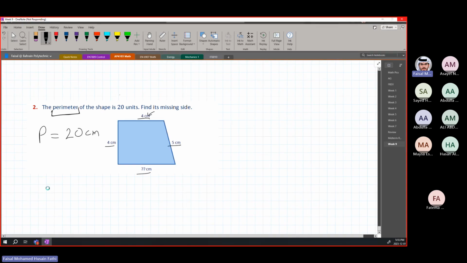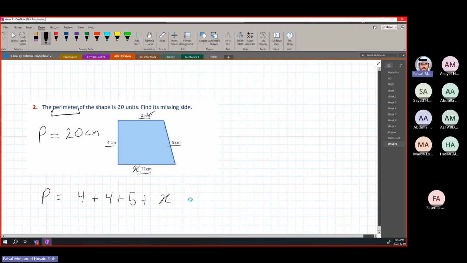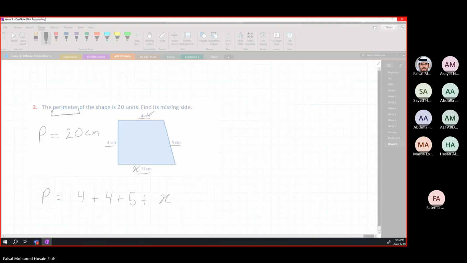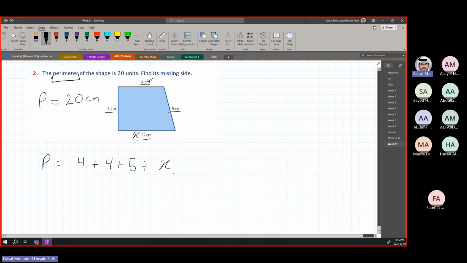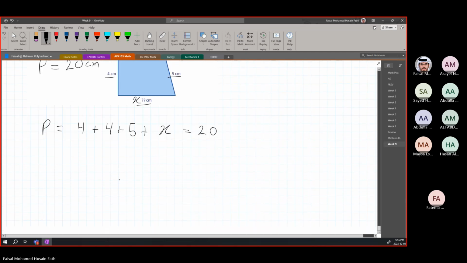Find the missing side. What do we know? The equation of the perimeter is just adding each side. So P, let's assign a value x to this unknown side. Perimeter is 4 plus 4 plus 5 plus x, and it's equal to 20. Okay? So solve for x.